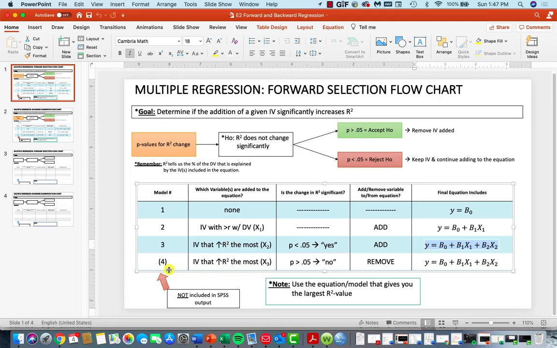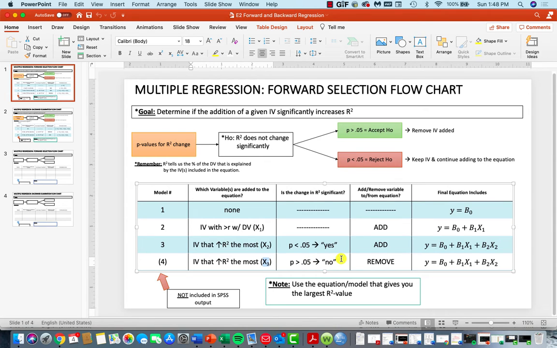Okay. Next, let's say we have another variable to choose from. We're going to add the next variable that increases r squared the most, which we'll call x3. But let's say that when we evaluate the change in r squared, we get a p-value that's greater than 0.05, which means we're not significantly adding to r squared anymore.